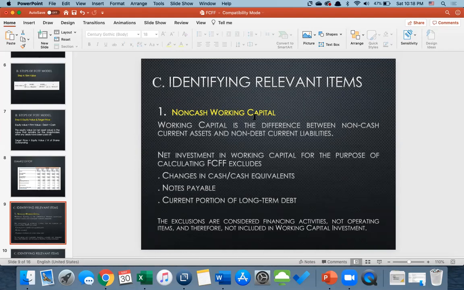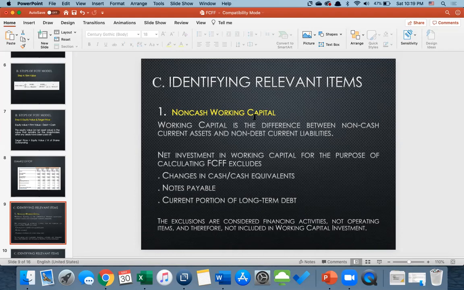The reason we exclude cash is because cash, especially in large amounts, is invested by firms in things like treasury bills and short-term government securities. The return on these items is lower than what the firm may take on its real investments, although they have very low risk.